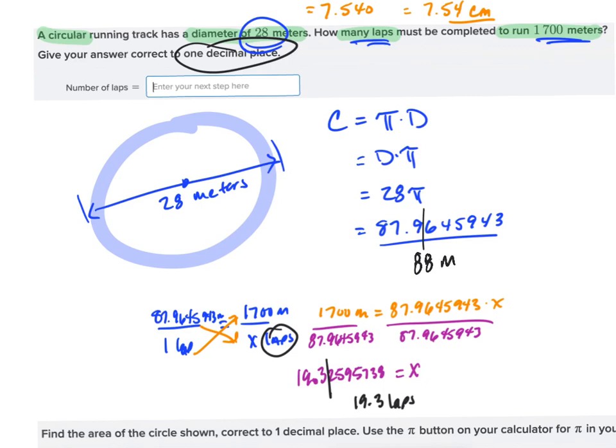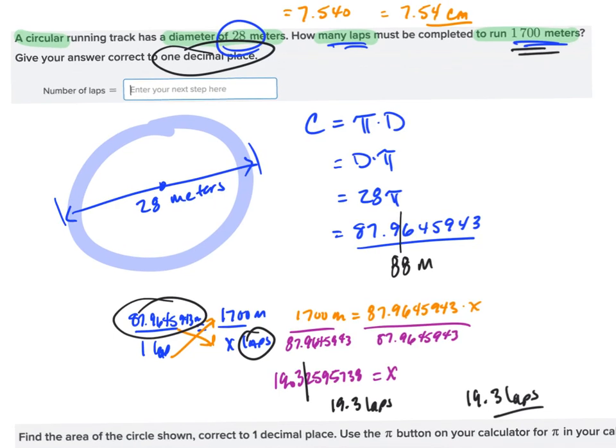And if we did the same thing, and instead of 87.946 used 88, we still come out with 19.3 laps. So in this case, yep, you could. Wouldn't be a problem. So that means it's going to take 19.3 times to go around that track to get to 1,700 meters.